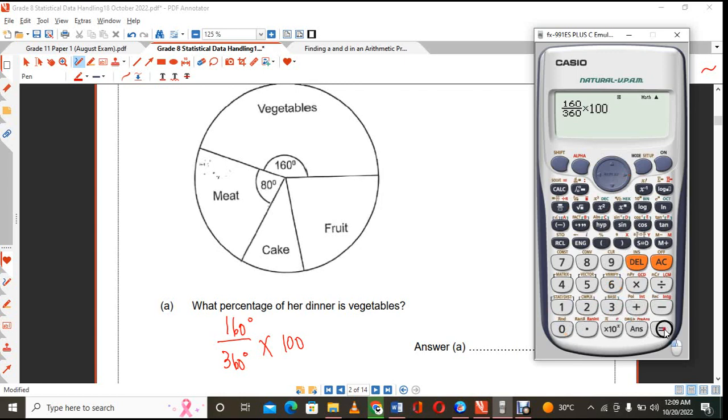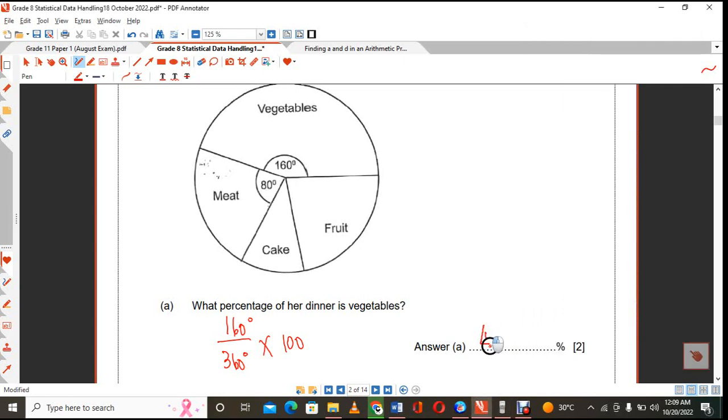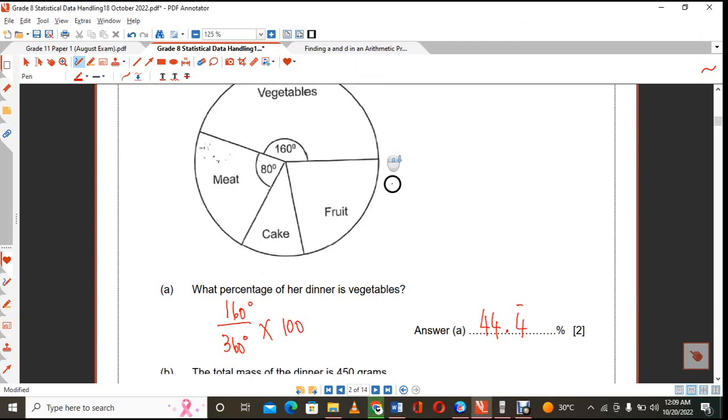You don't even have to say 100 over 1. That gives you 44, and the line over the 4 means that 4 is recurring, it doesn't stop. So 44.4%. That is the percentage of her dinner that consists of vegetables.